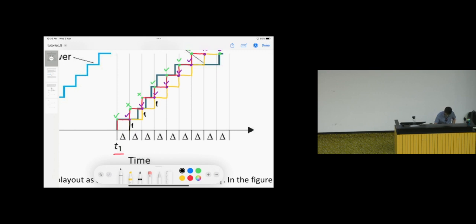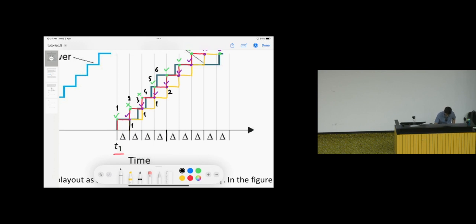For T1 plus 4 delta, I have received 6 frames so far, but I only played 4 frames. So I have 2 blocks in the buffer here.